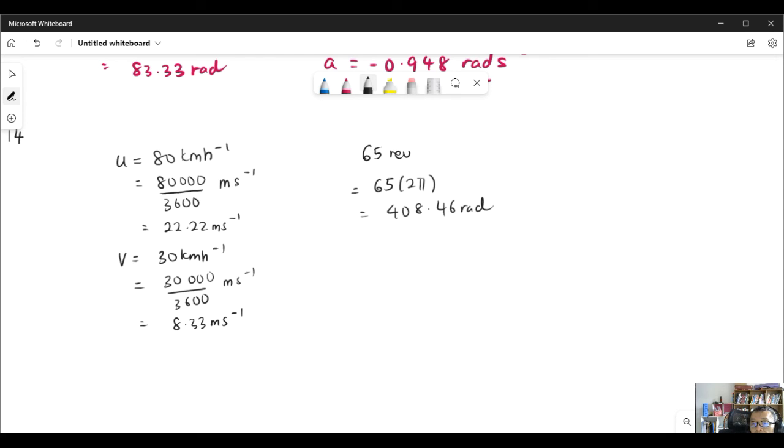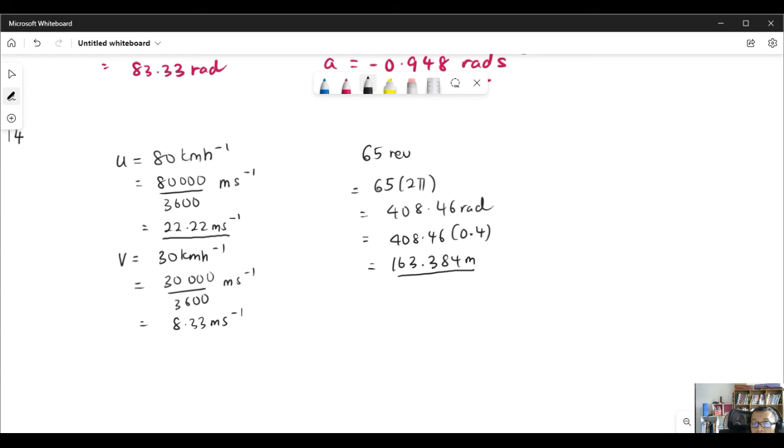And if you convert it to displacement, the arc, the displacement in terms of meter would be 408.46 times the radius of 0.4. That will give you 163.384 meters.